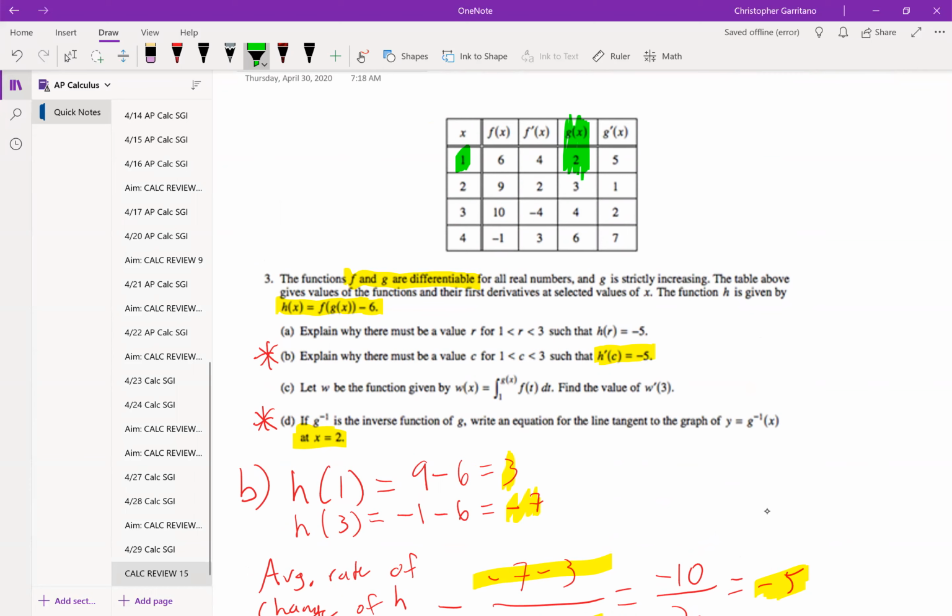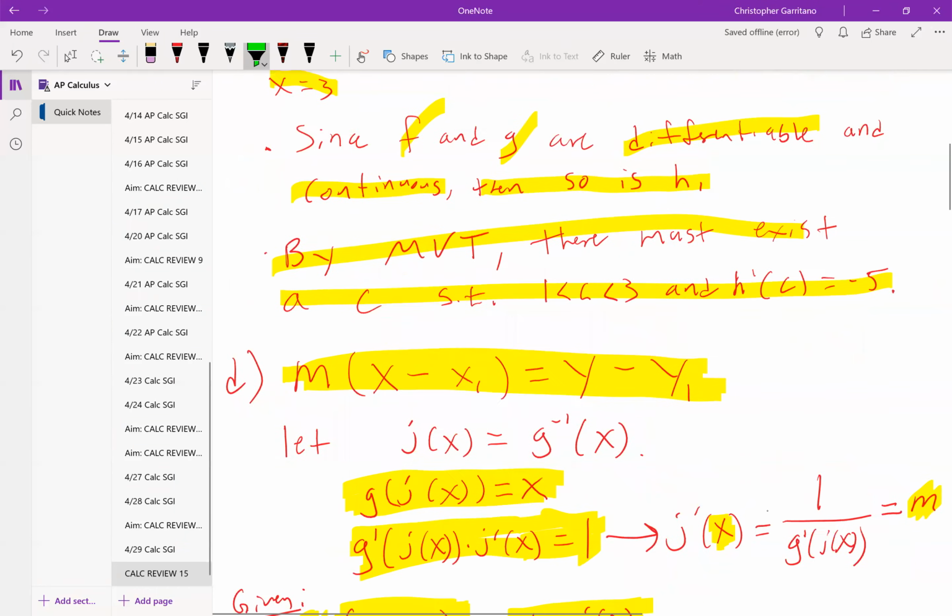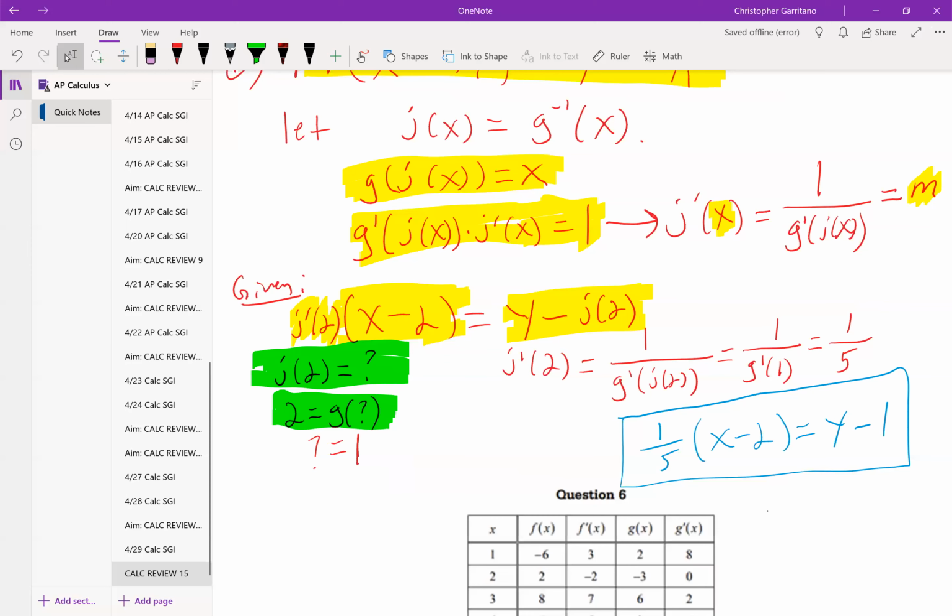That's what that information tells you. And so that means the question mark must equal 1. So what we've established here is that j of 2 is equal to 1.